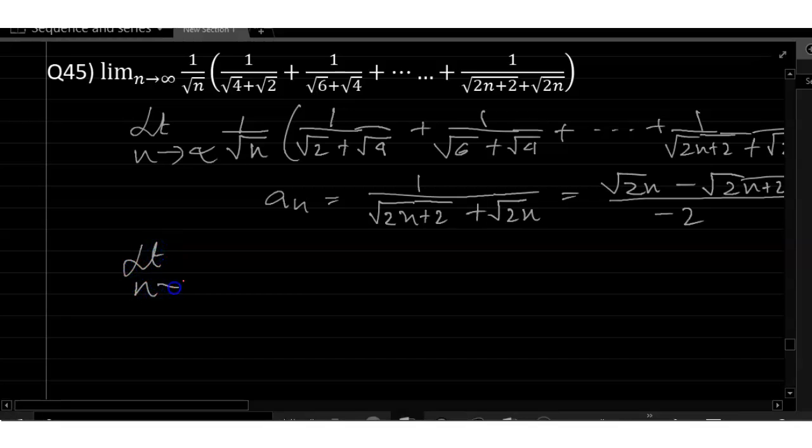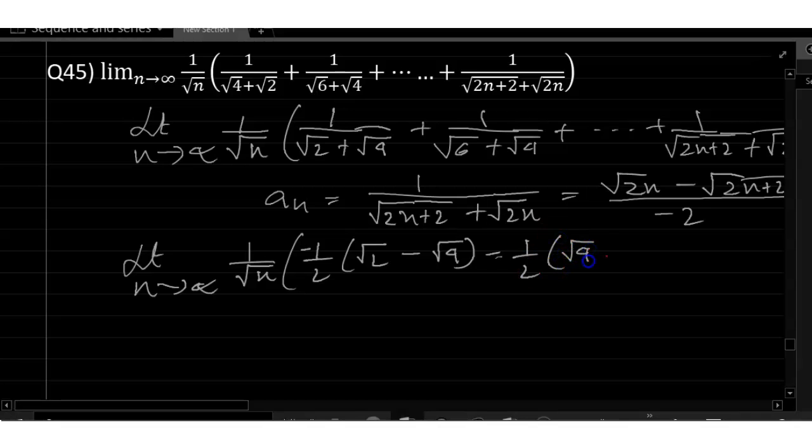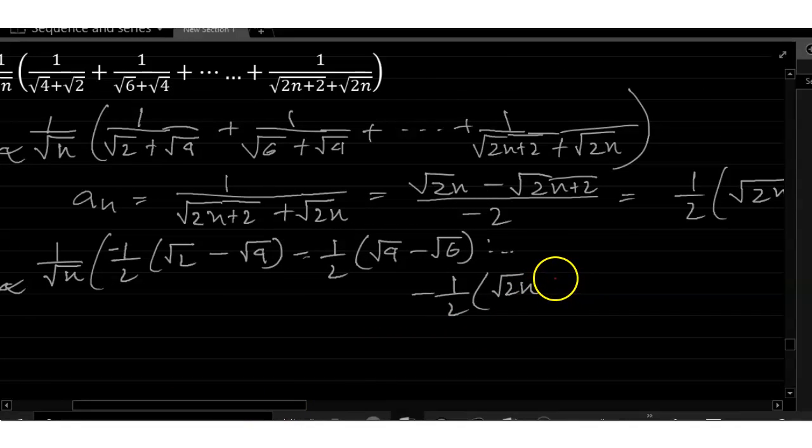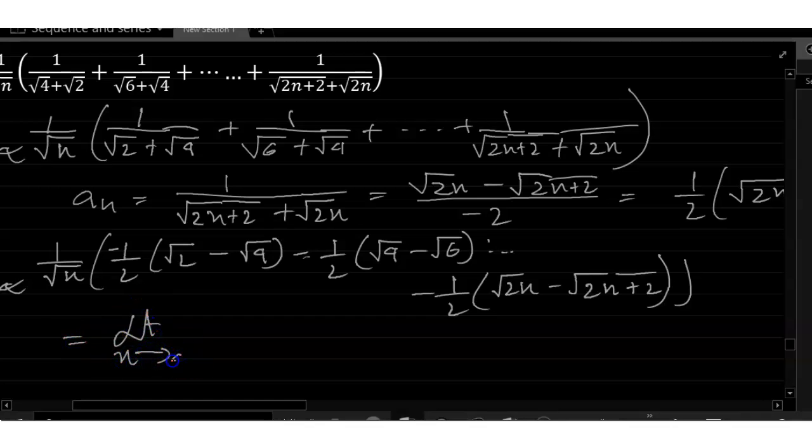Now limit n tends to infinity 1 by root n times, minus 1 by 2 into root 2 minus root 4, minus 1 by 2 into root 4 minus root 6, up to minus 1 by 2 into root 2n minus root 2n plus 2. So we have limit n tends to infinity 1 by root n into root 2n plus 2 minus root 2.